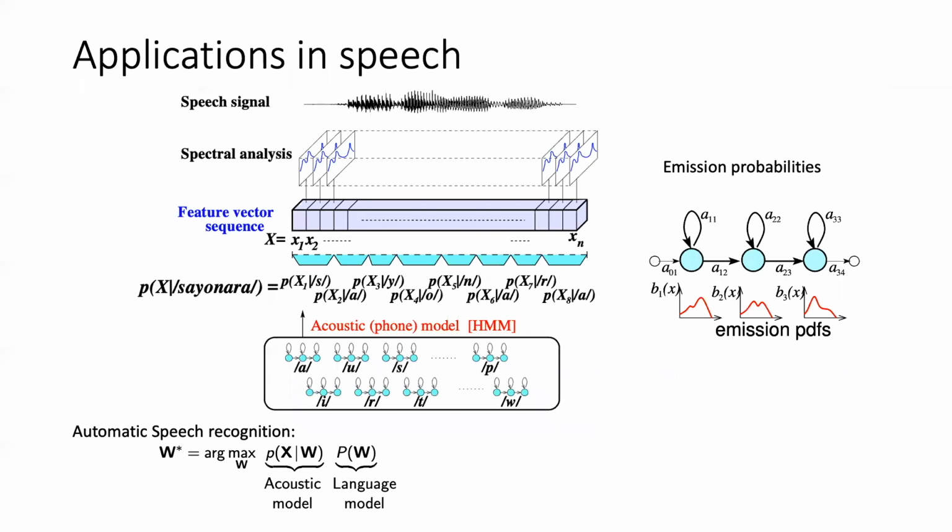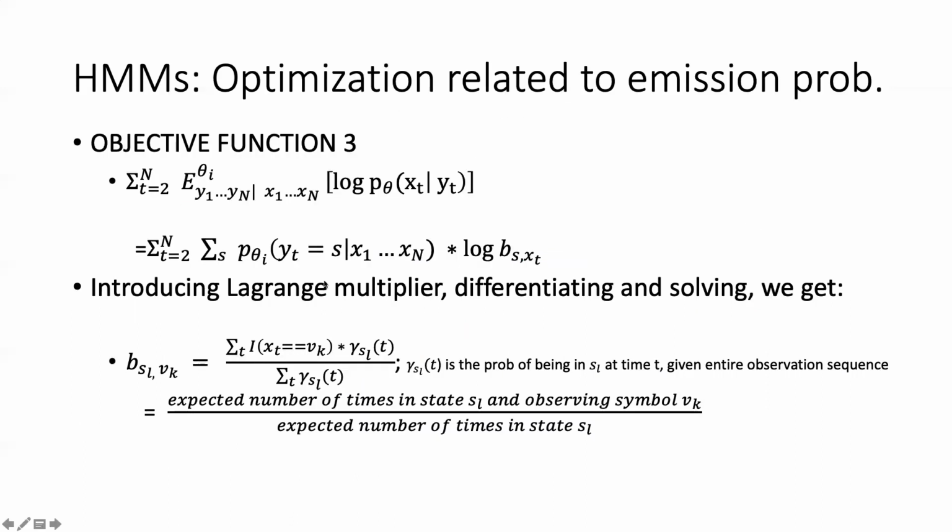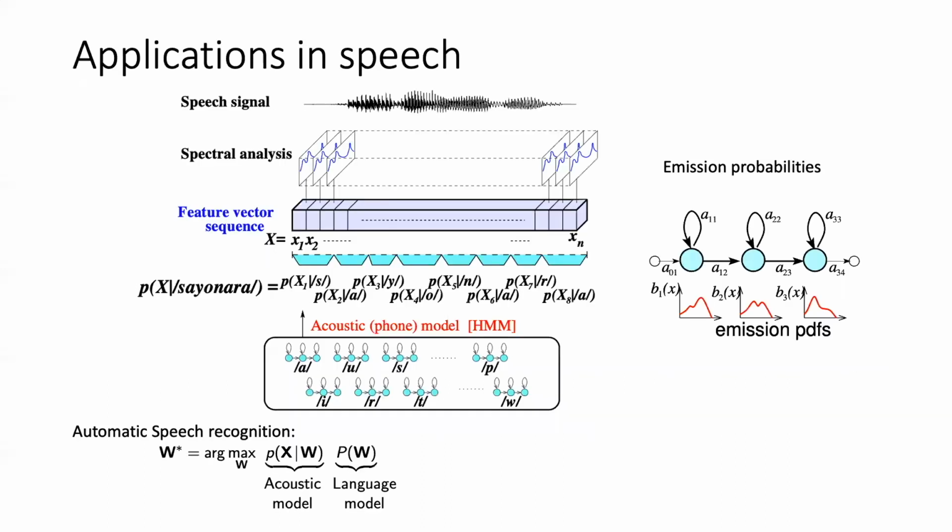So far, this is about estimating the parameters in HMM training using supervised and semi-supervised approaches. We considered the example of the POS problem, parts of speech tagging problem. We can also apply similar approaches in speech applications.